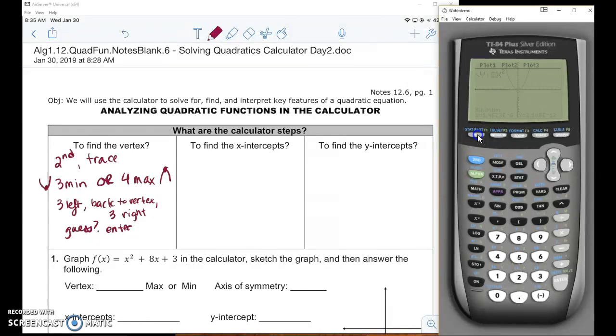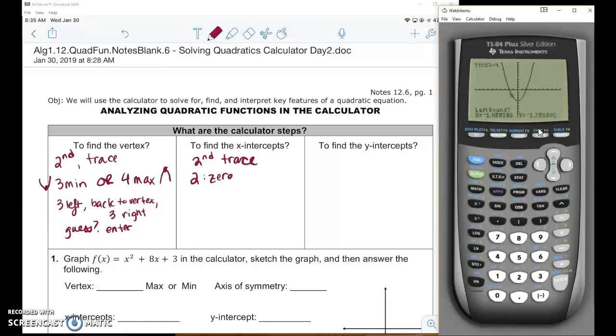To find the x-intercepts we will find very similarly. Our x-intercepts are under the trace menu, so second, trace. And remember, another word for x-intercept is a 0, so I need option 2, 0.